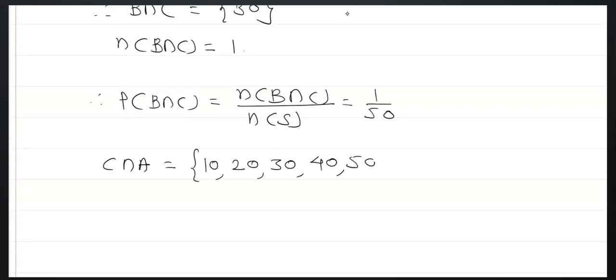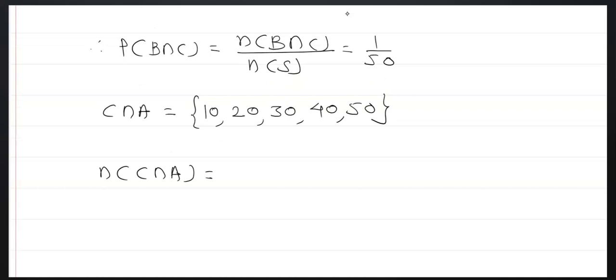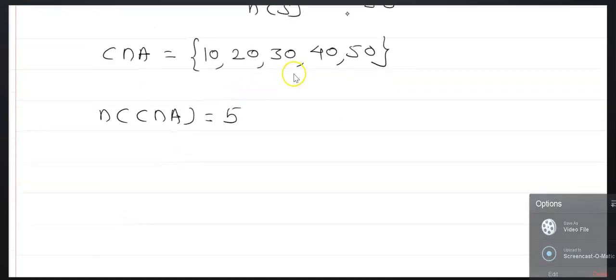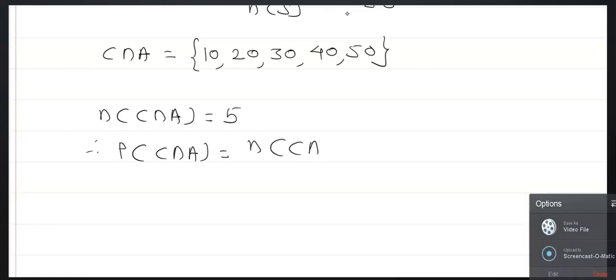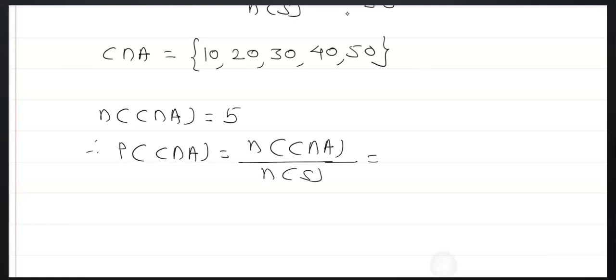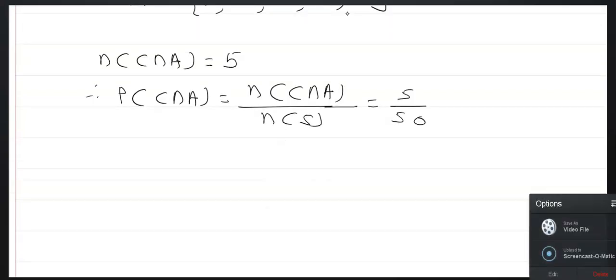C intersection A is equal to these: 10, 20, 30, 40, 50. Therefore, n(C intersection A) is equal to 5, and the probability of C intersection A is equal to n(C intersection A) upon n(S), that is 5 upon 50.